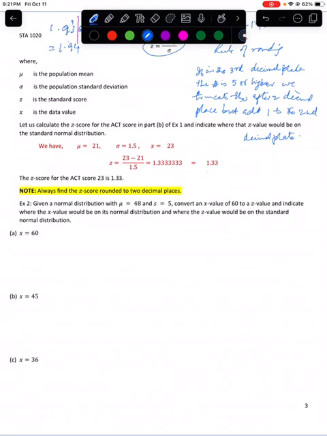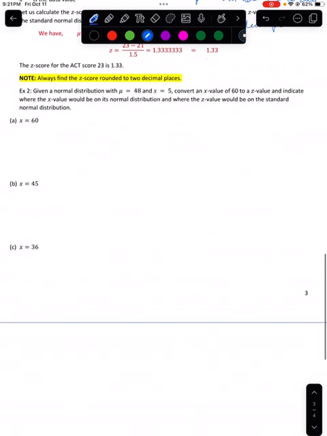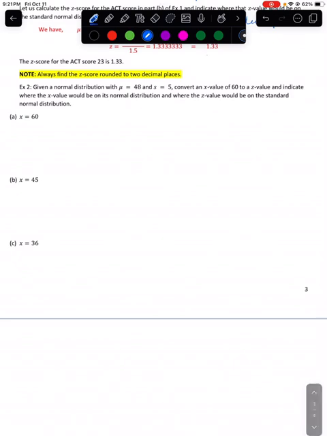Let's see. x is 60. We have mu and we have the standard deviation, which should actually be sigma. So z will be equal to x minus mu, divided by sigma.